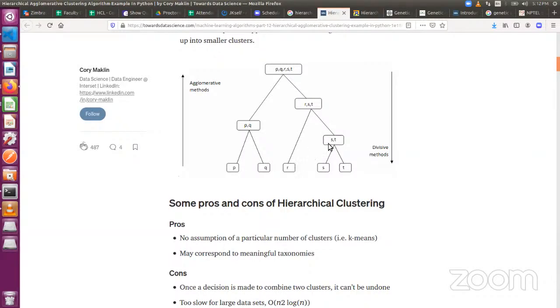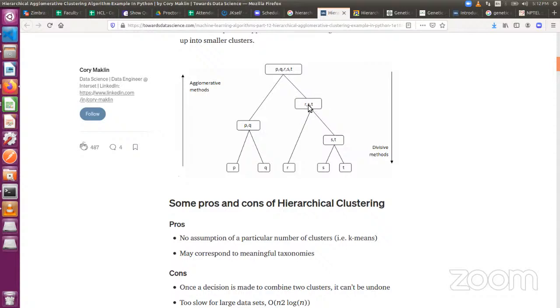Why? Because they are closest to each other. Now combine R with this group. Now this group will become the RST group.